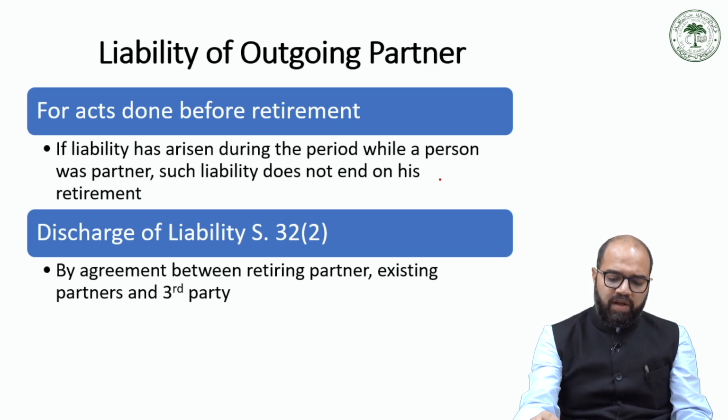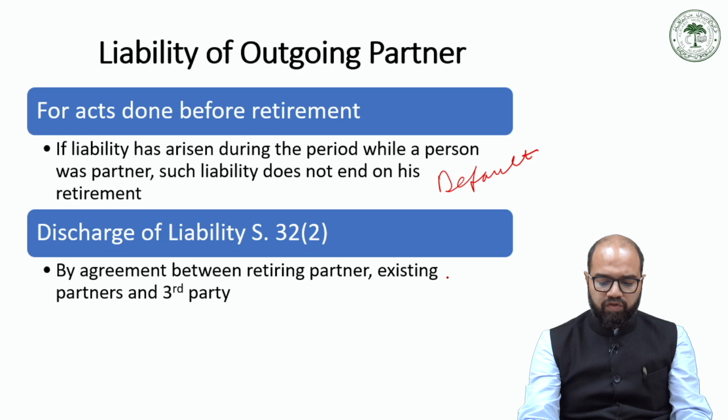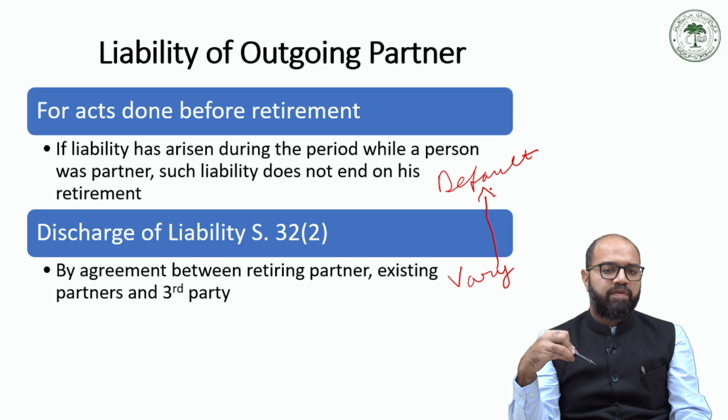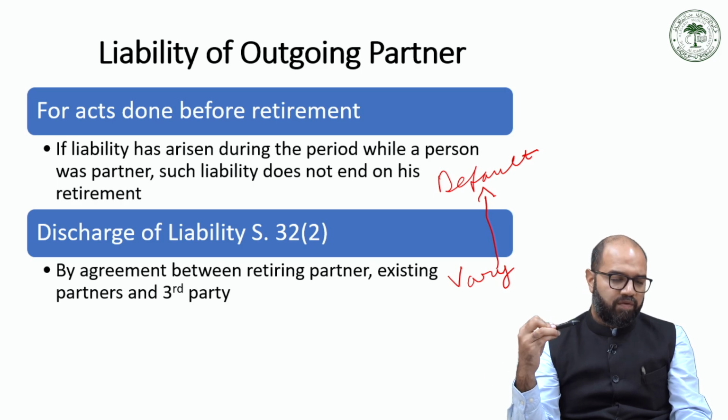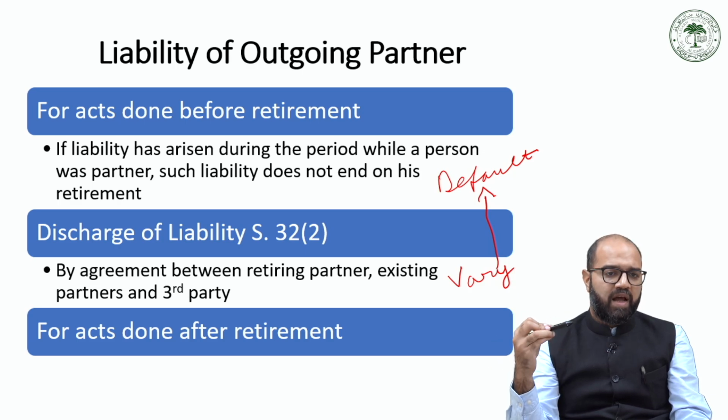So the rule here is a kind of default rule, and the rule contained in section 32 clause 2 may serve to vary the default rule. Then we have acts which are done after the retirement.